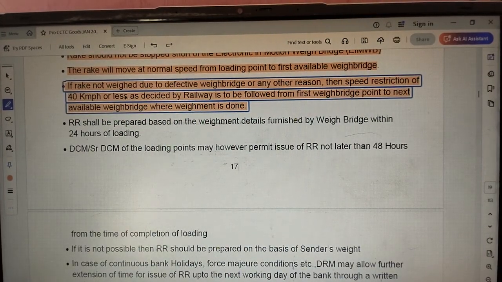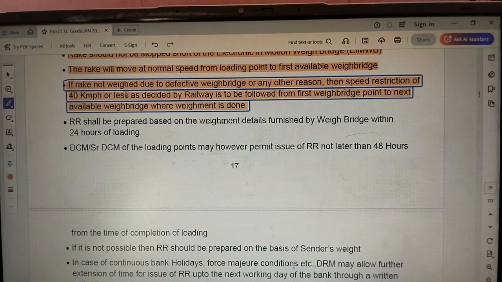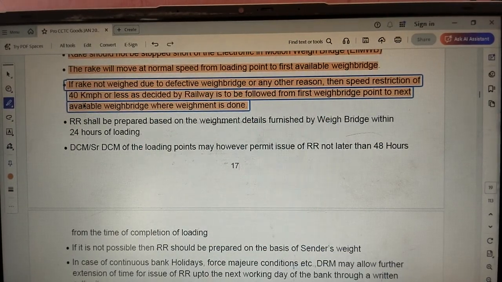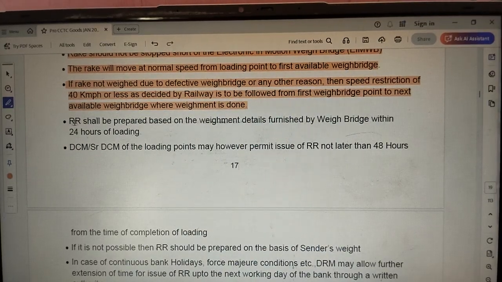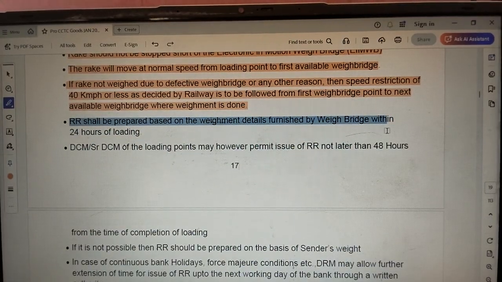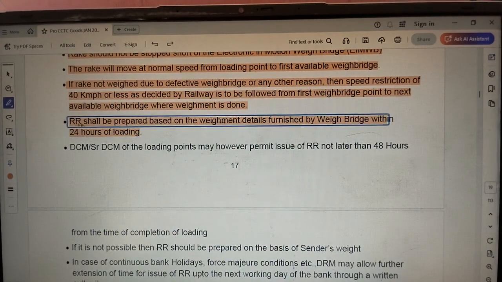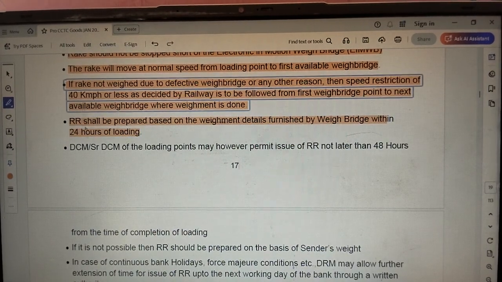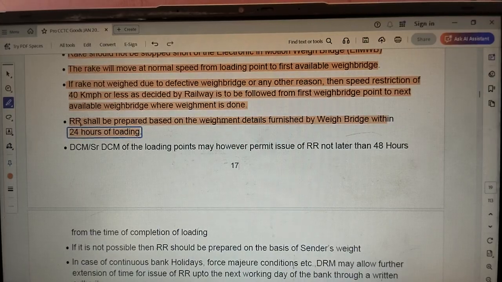So if the weighbridge is defective, then from one weighbridge point to another, 40 kmph or less speed as directed by the railway. A railway receipt shall be prepared on the basis of weighment details within 24 hours of loading. So the railway receipt will be generated within 24 hours after loading. These questions are asked many more times.